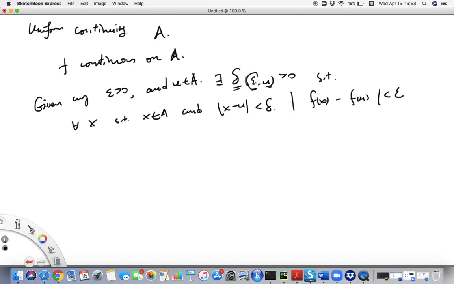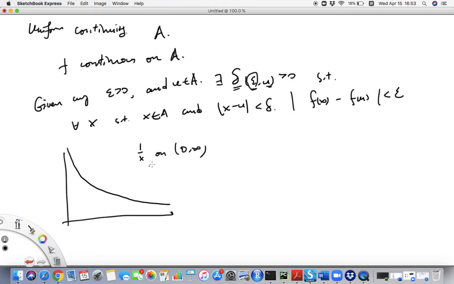It depends on epsilon is not too surprising, right? If your epsilon is small, then delta tends to be small too. But the thing is, it also depends on u. Okay, so example. Let's look at the function 1 over x on (0, infinity). So 1 over x is continuous on this interval, right? But it blows up when x is close to 0.